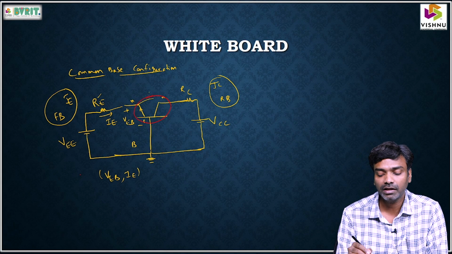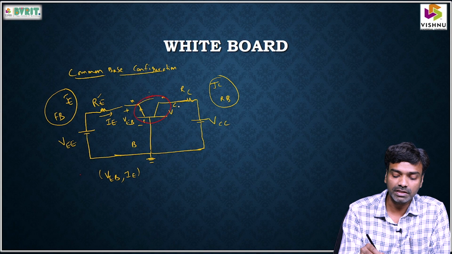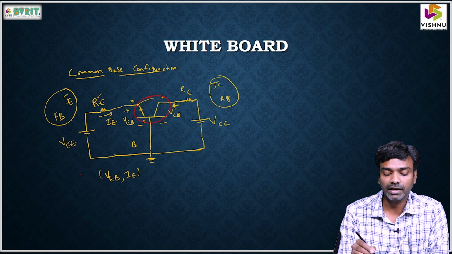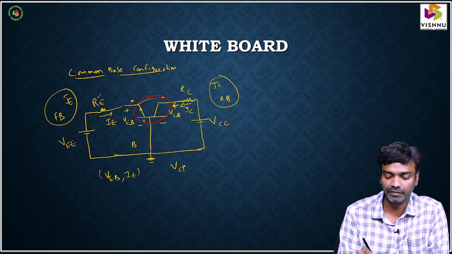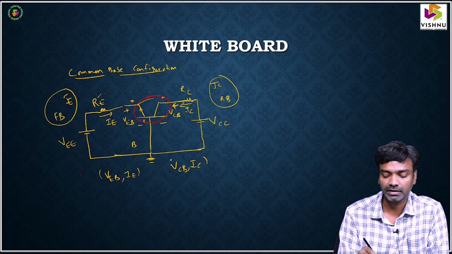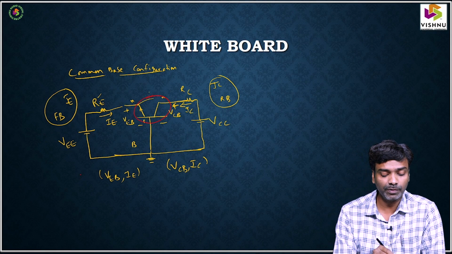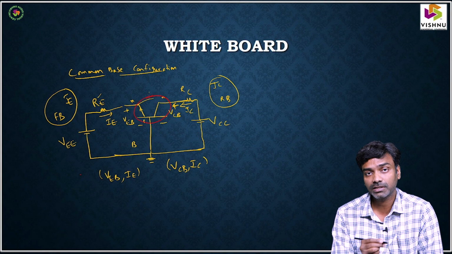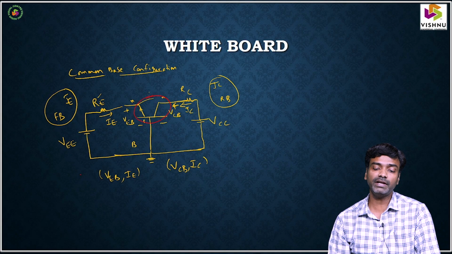Similarly, at the output side, we also have a voltage, VCB, and the current entering here is IC. So the output parameters here are VCB and IC. The input parameters decide the input characteristics of a transistor, and the output parameters decide the output characteristics of a transistor.